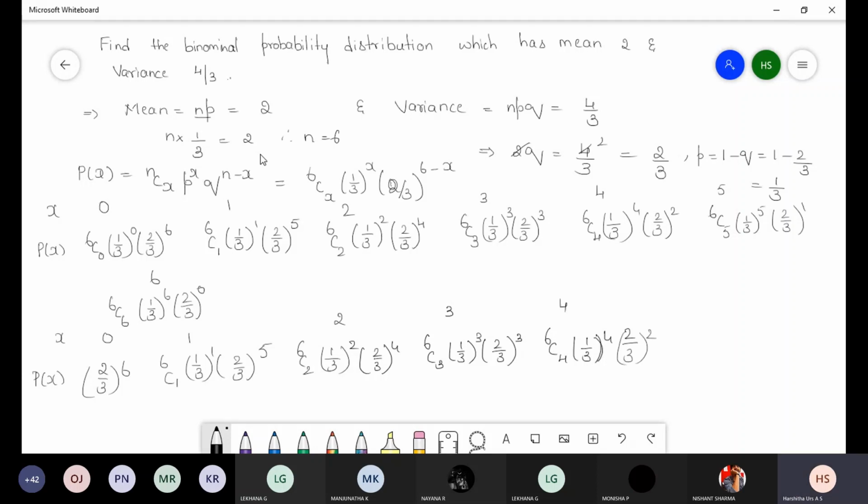Fifth one, 6C5, 1/3 whole power 5, 2/3 whole power 1. Last one, 6C6 value is 1. 2/3 whole power 0 is 1. So we get only 1/3 whole power 6.